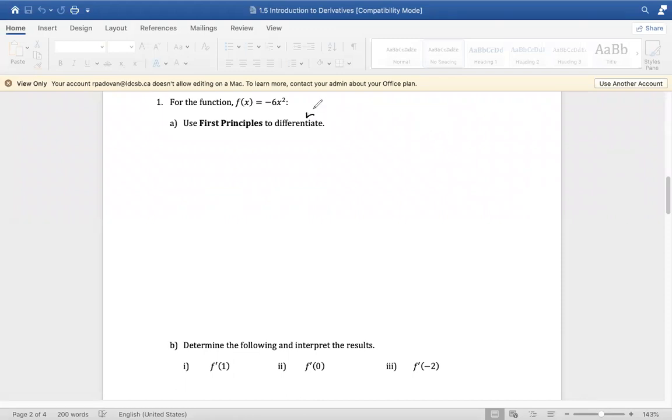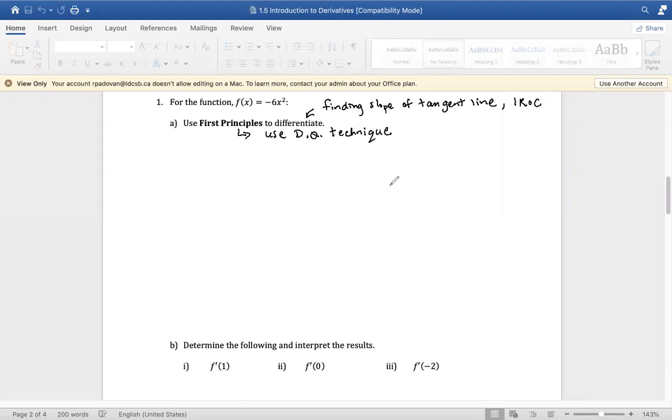Differentiate means I'm finding the slope of the tangent line, or I'm finding the instantaneous rate of change, basically both. Finding the slope of the tangent line or the instantaneous rate of change. So first principles means I'm going to use the difference quotient technique, using the difference quotient.